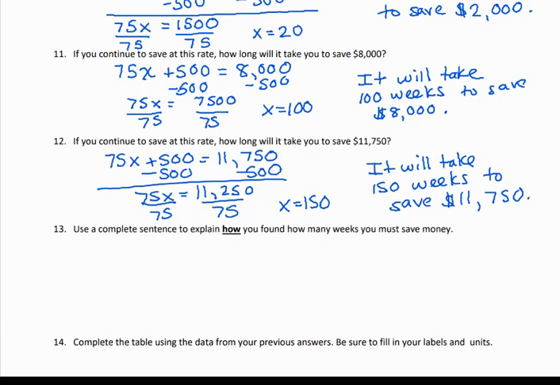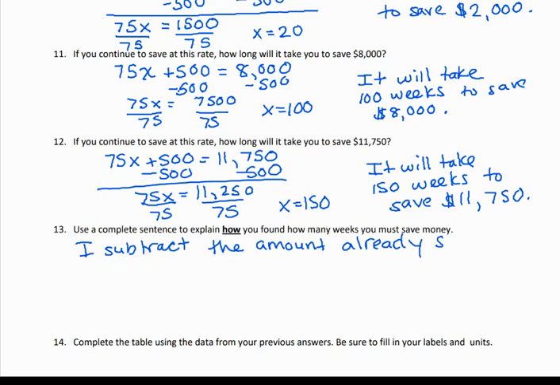Okay, I'm going to slide it up just a little bit, but they're all still there. So with our complete sentence here of explaining how, we're going to use those same words from the front, but instead of multiplying and adding, we are subtracting and dividing. So I subtracted the 500 first, right? But 500 means the amount already saved. I subtracted the amount already saved from the total.